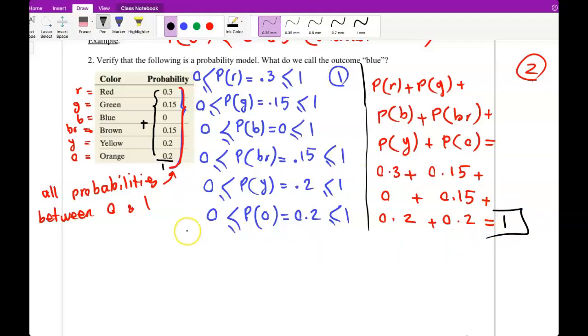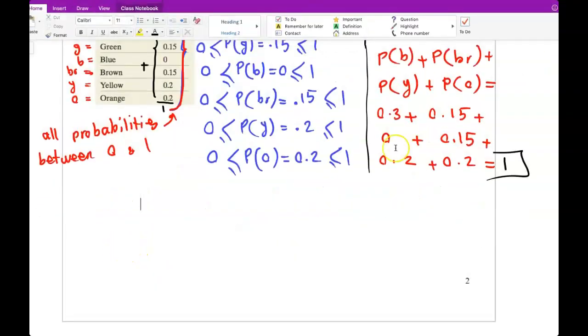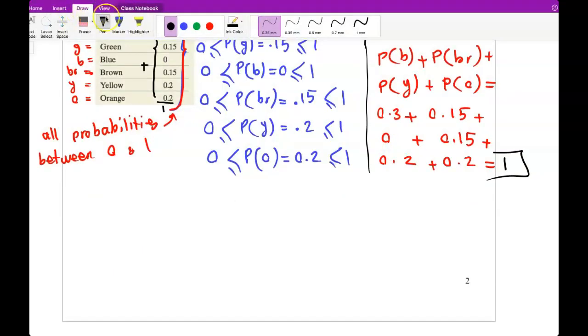What this means, based on the first and second rule, is that we have a probability model. So here rule 1 and rule 2 are satisfied.